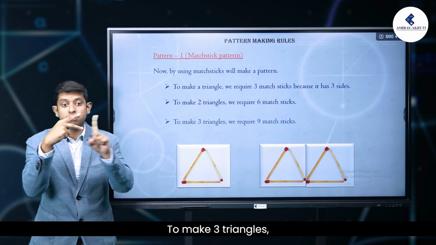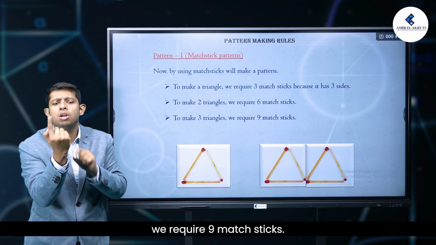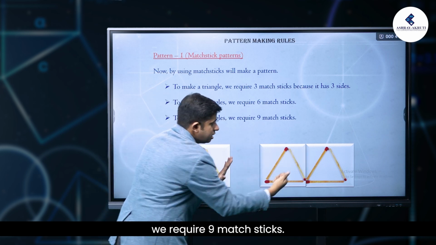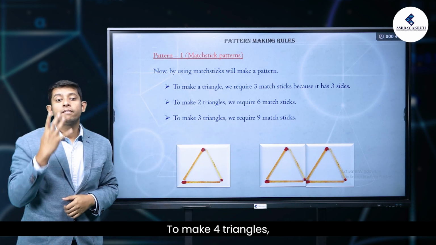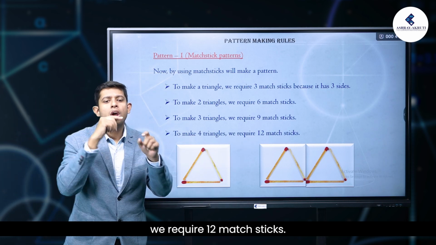To make 3 triangles, we require 9 matchsticks. To make 4 triangles, we require 12 matchsticks.